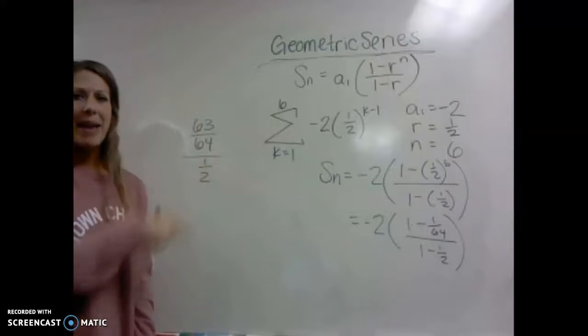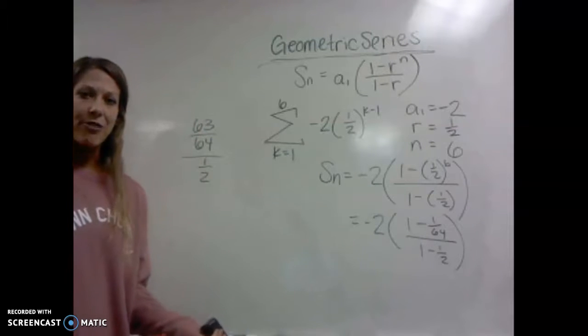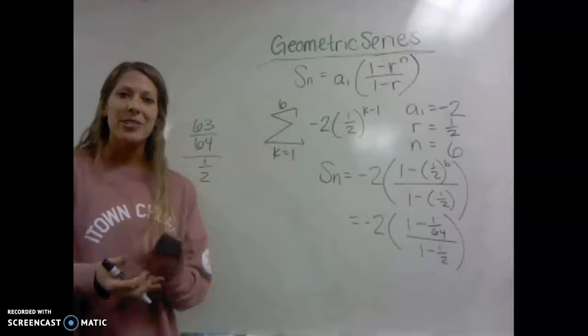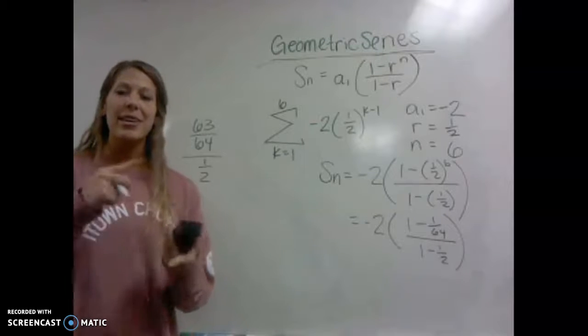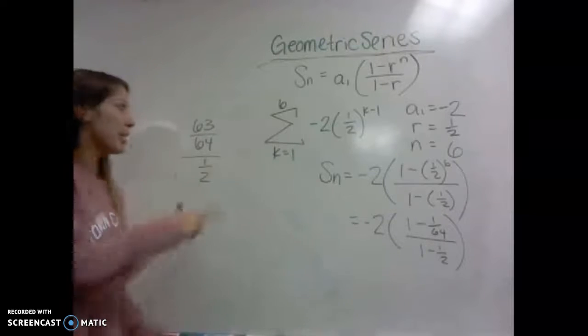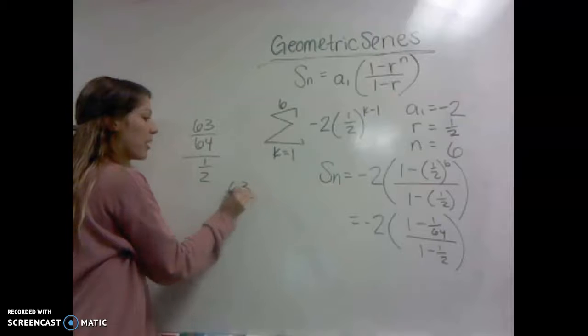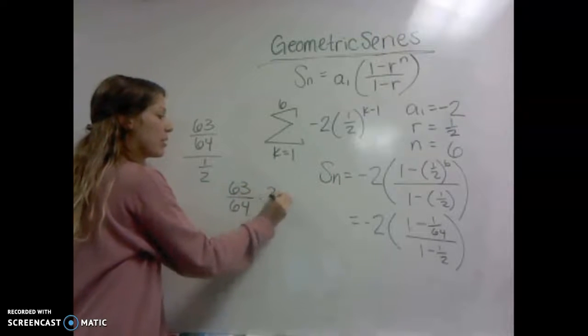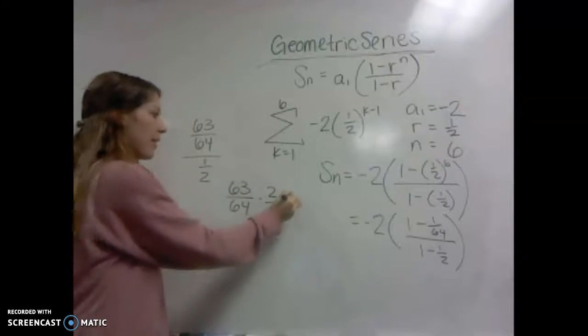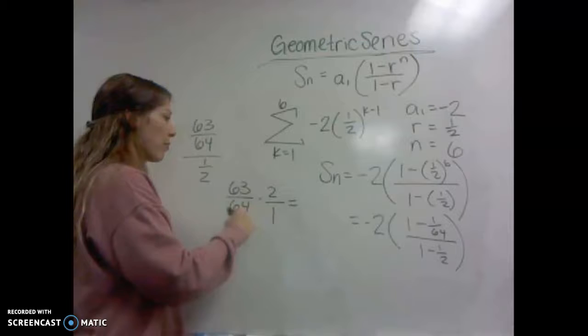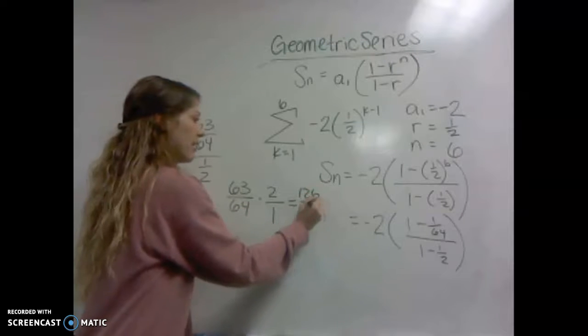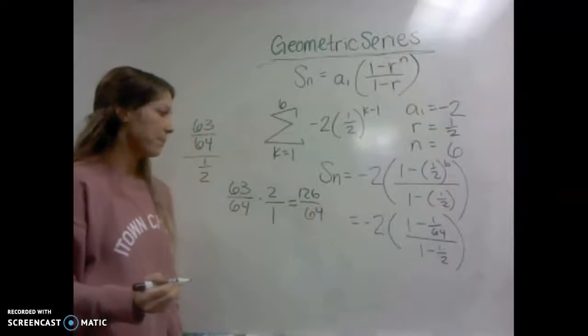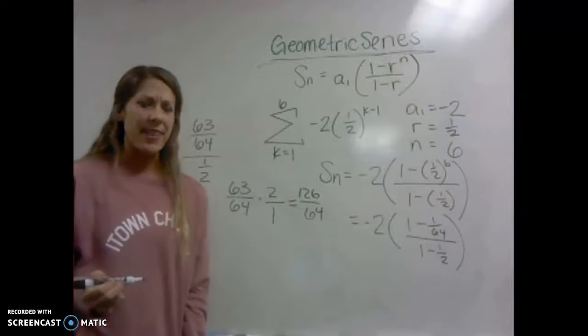Well, this is really messy to have a fraction divided by a fraction. And that's why in math, when we divide by a fraction, instead we keep it, change it, flip it. So we have 63 over 64 times 2 over 1. So let's see, we get 126 over 64. I'm going to simplify that just a little bit.